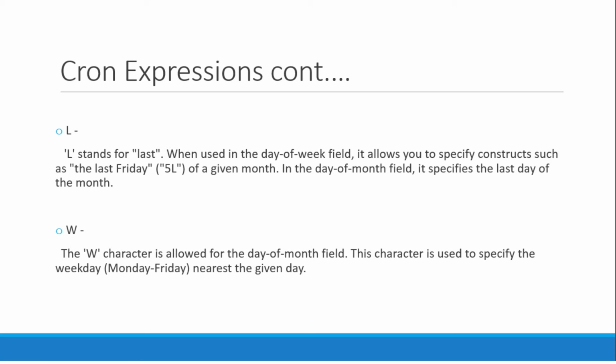So it will calculate, and if the 5th was a Saturday, the nearest weekday is Friday the 4th. Let's say nearest weekday to the 1st of November, and the 1st is Sunday, then obviously the nearest weekday is going to be Monday. So there are some scenarios like that when it comes to using these two expressions.